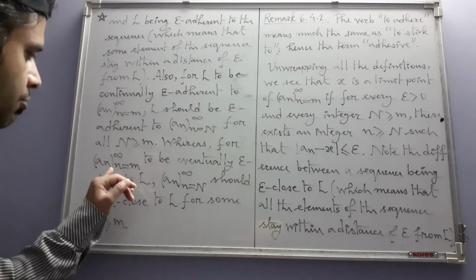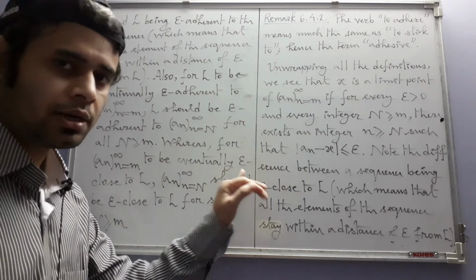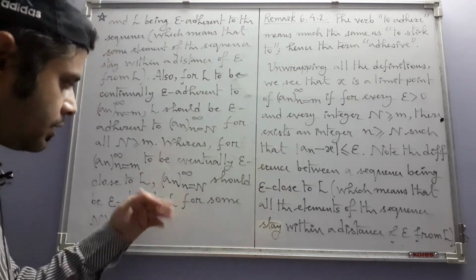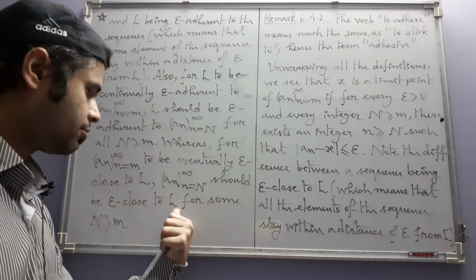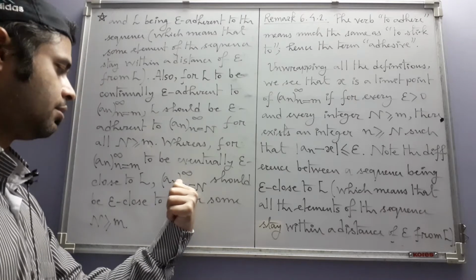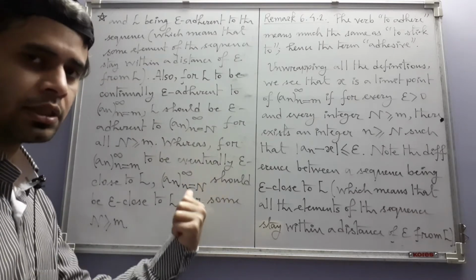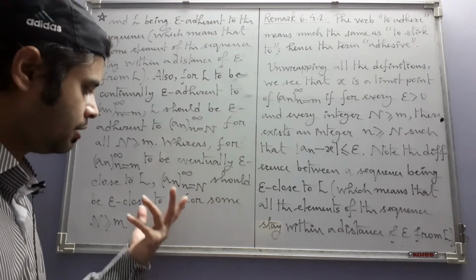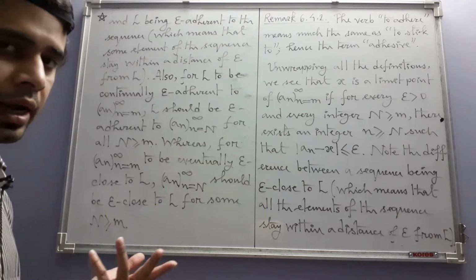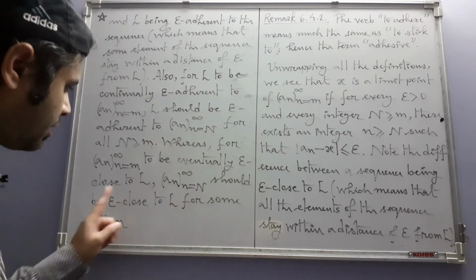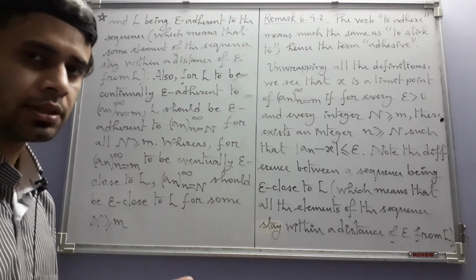Whereas for the sequence to be eventually epsilon close to L, such a condition that this sequence being epsilon close to L should be true for at least one n. You find one n for which this is true, that's enough.